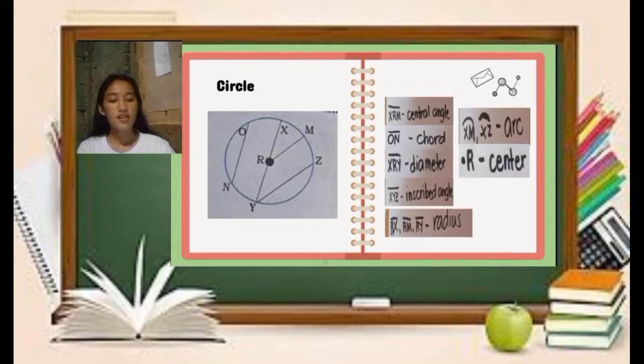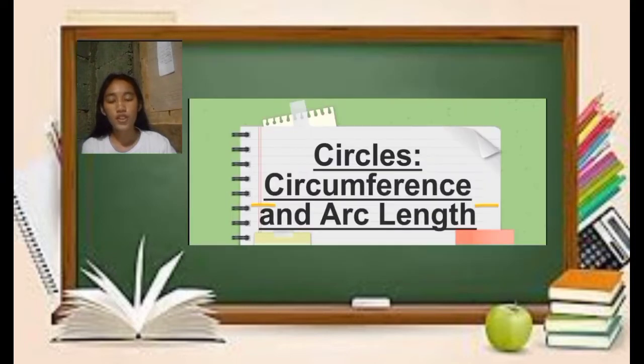When we see central angle, it is an angle formed by two radii. This angle lets us define a portion of the circle's circumference and arc, or a portion of the circle's area, or a sector. We go through the circumference of a circle, which is our main topic in this lesson.